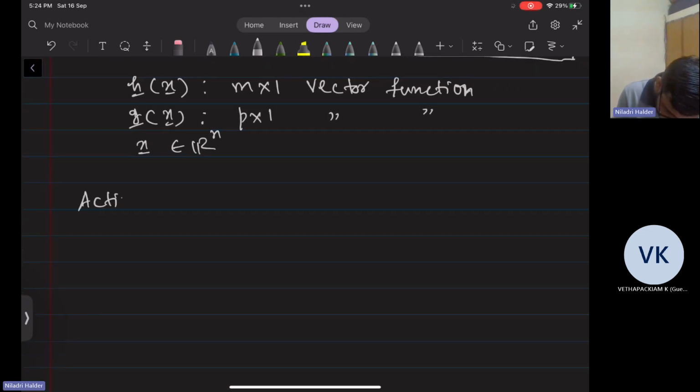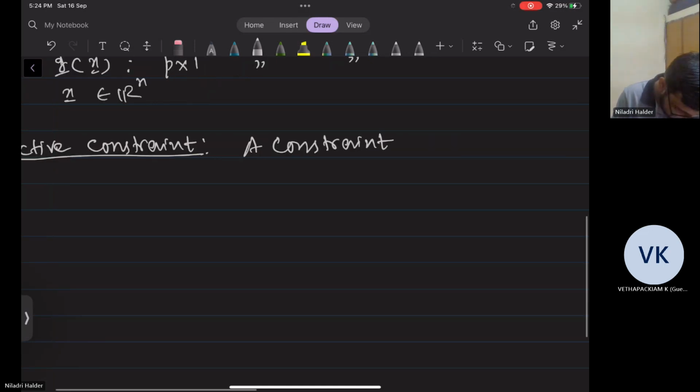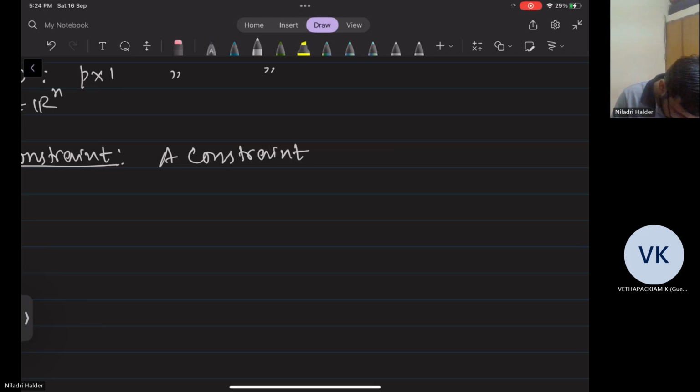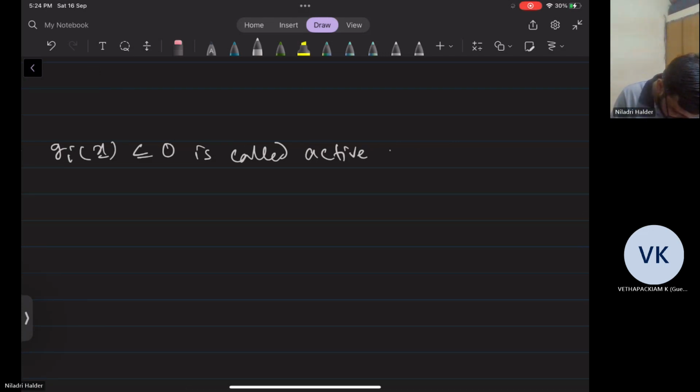Now we'll define one more thing, that is, what is an active constraint. A constraint is called active at x star if g_i of x star is equal to 0.